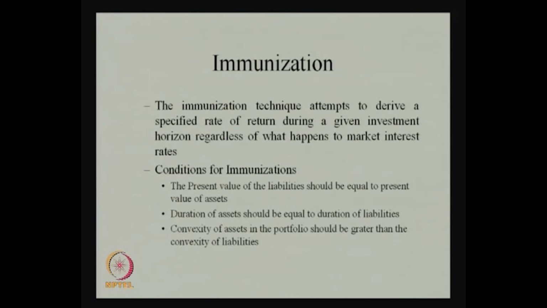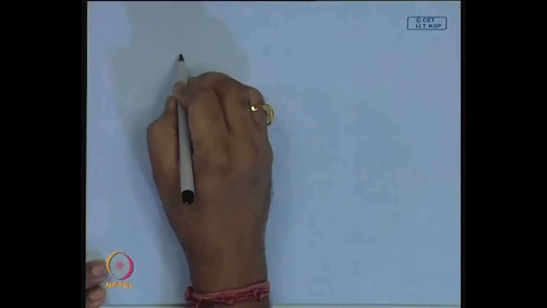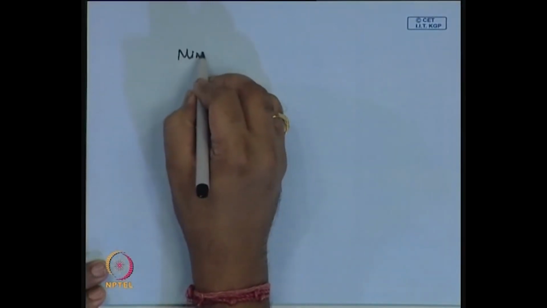Therefore, the immunization technique attempts to derive a specified rate of return during a given investment horizon, regardless of what happens to the market interest rate. So, here we are minimizing the interest rate risk.